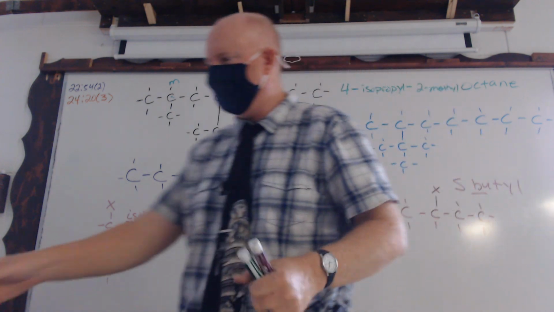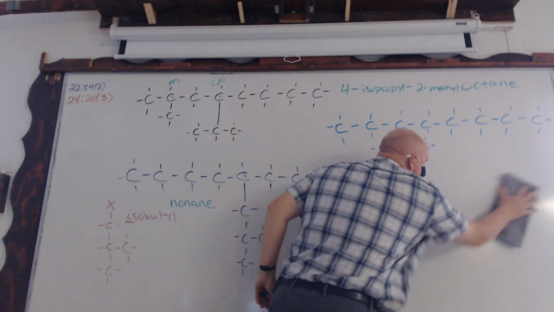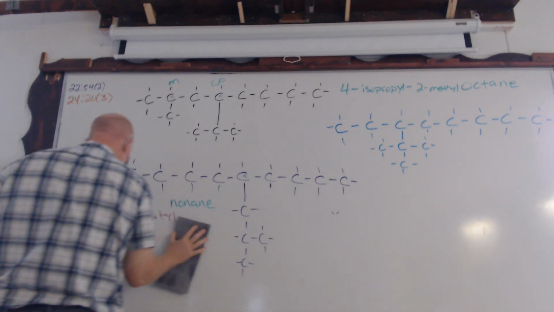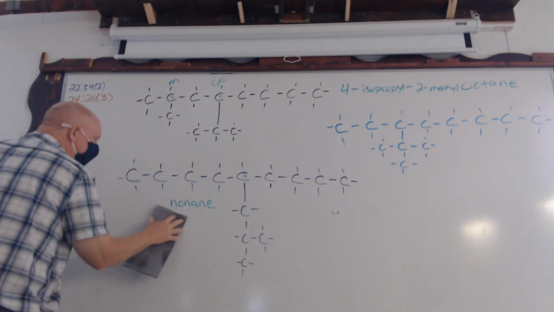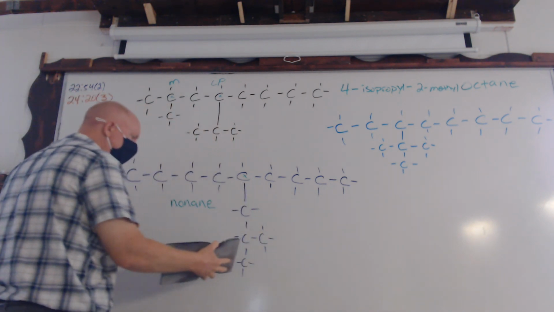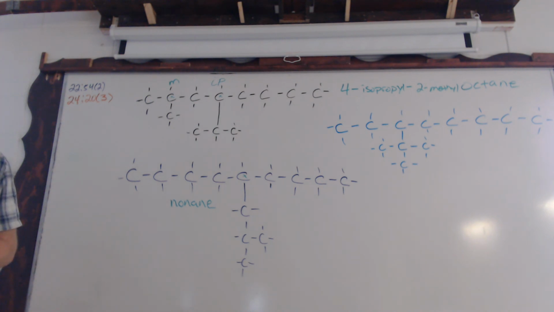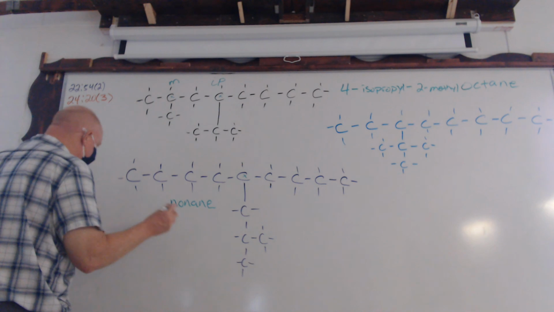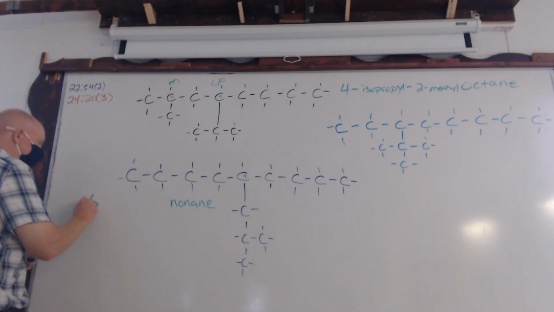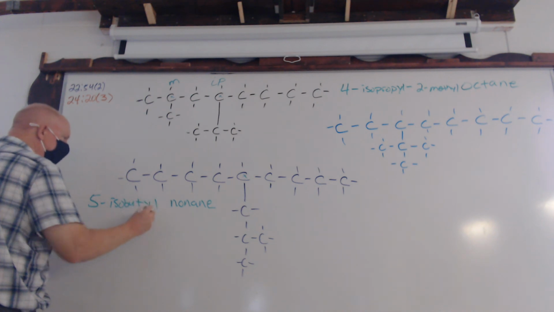So with that being said, now we've got our nonane here, and you said this is a butyl group, but which one is it? It's an isobutyl group on the 5th carbon, so this would just be 5-isobutylnonane.